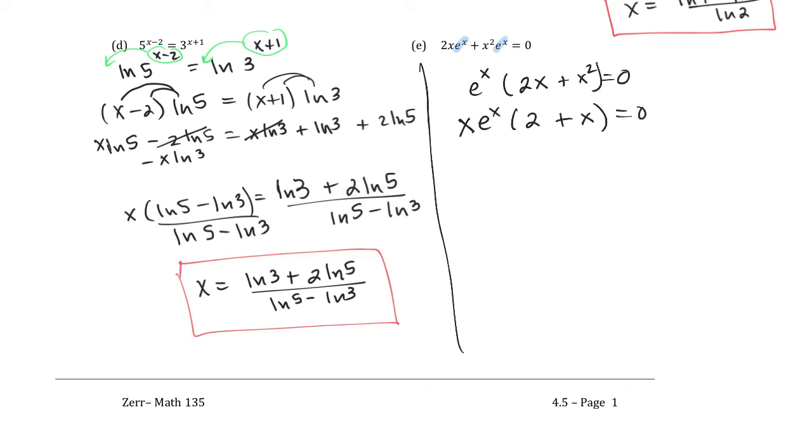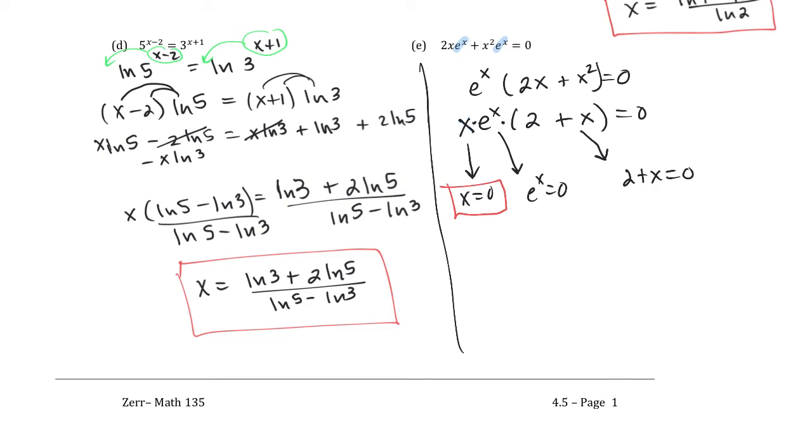So now we can use the zero product property. I could have from this x equals 0. From here, e to the x equals 0. And from here, 2 plus x equals 0. All right, so this is a possible solution. I want to make sure to check it. Now, I have some number e, which is about 2.7.